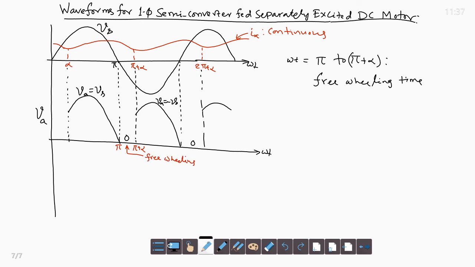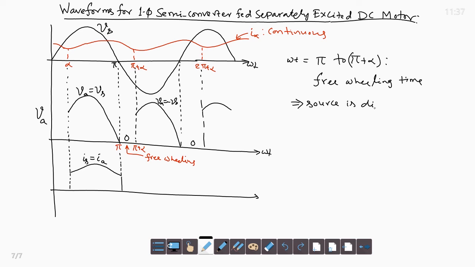Then we will draw the supply current waveform, the source current waveform. From alpha to pi, thyristors are conducting and the motor is connected to the supply. So, the supply current is equal to I A. From pi to pi plus alpha, the freewheeling period, the AC source is disconnected from the motor.